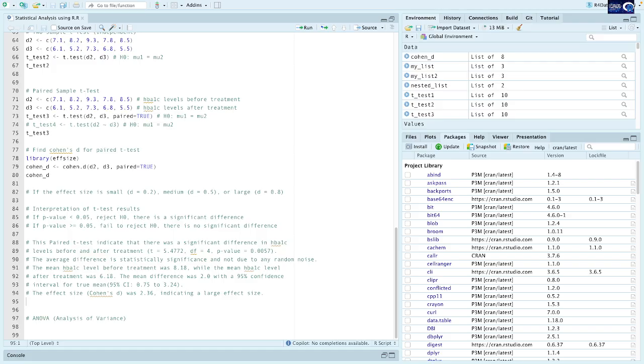Now we will look at another chi-square example. Example 2. We will be creating a chi-square test for independence, one more test. Let's create gender.